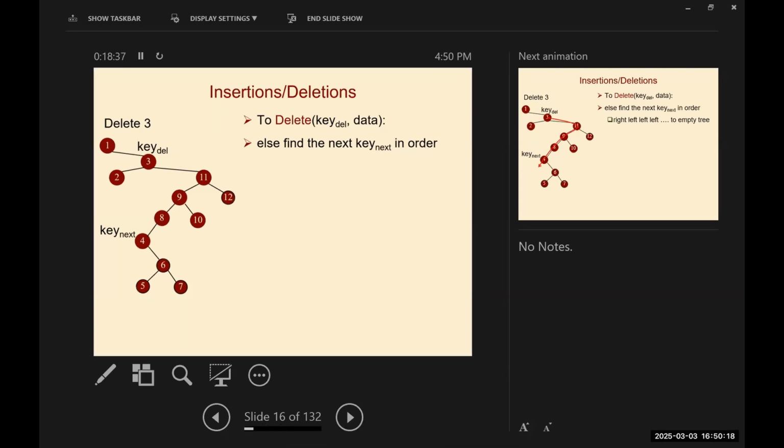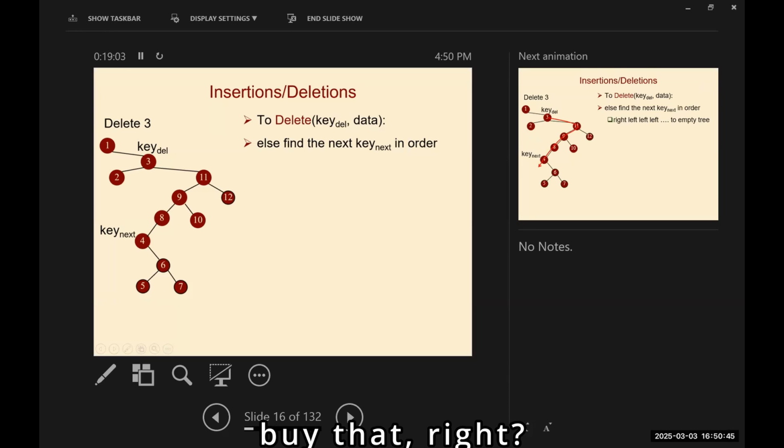Right? And in this case, everybody bigger than 3 is going to be in 3's right tree, right? And if you kind of go, if we went up this way, then these guys are even bigger. So we want the next guy. So the next guy is going to be in this right tree.